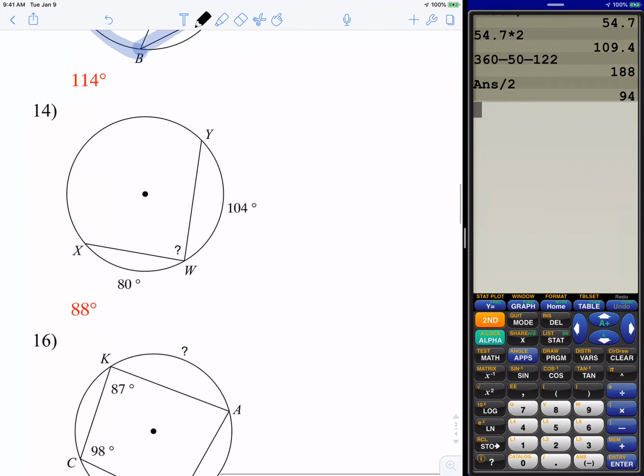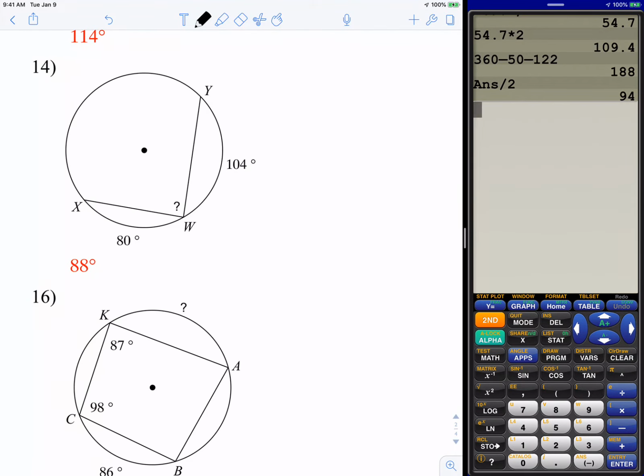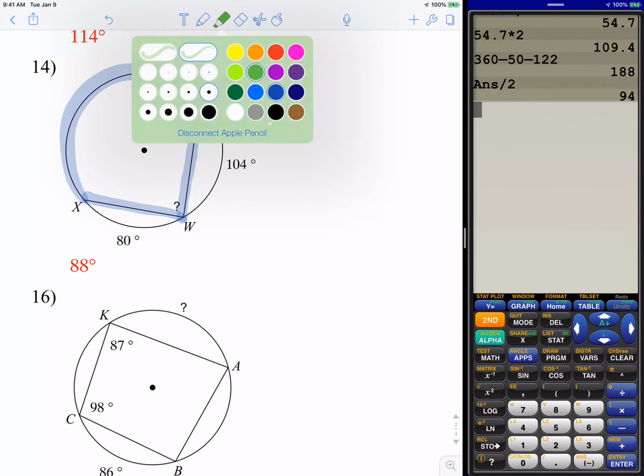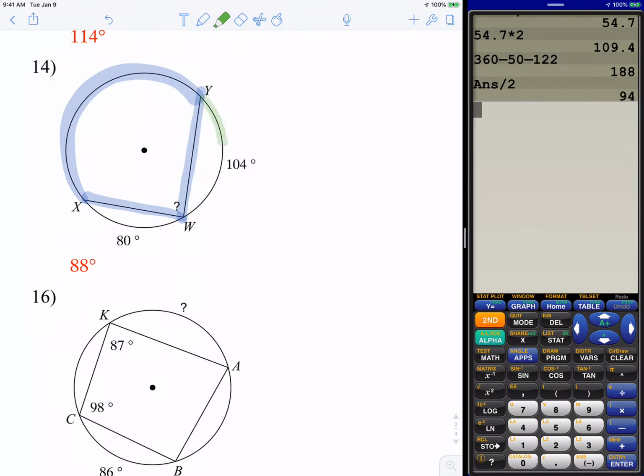And number 14, I have this inscribed angle. I could figure out that measurement if I knew the measure of its intercepted arc. Well, what I should notice is that I have arc measures for the rest of the circle.